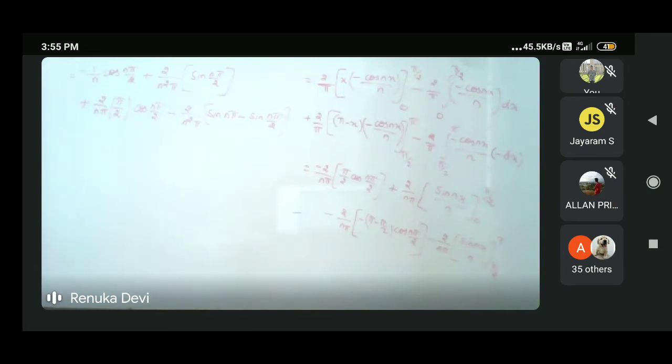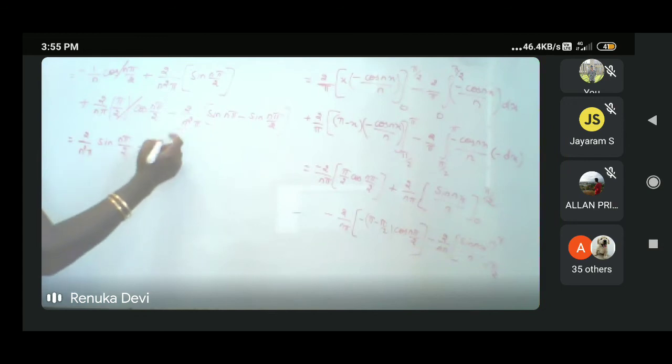Then what you get? This is equal to minus. Here also this 2 cancel, pi cancel. This is 1 by n cos n pi. This is minus 1 by n cos pi. So these two terms will get cancelled. So this is 2 by n square pi sin n pi by 2.